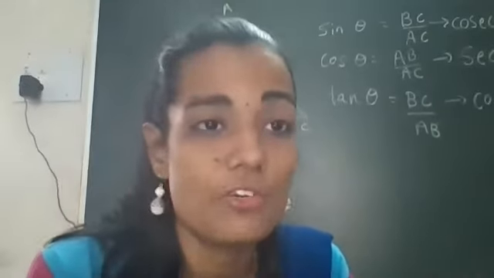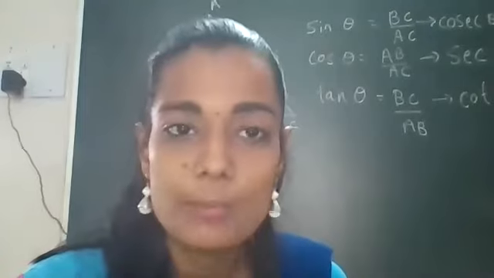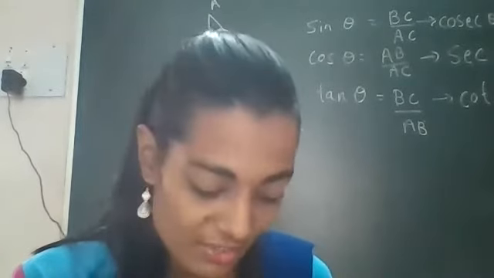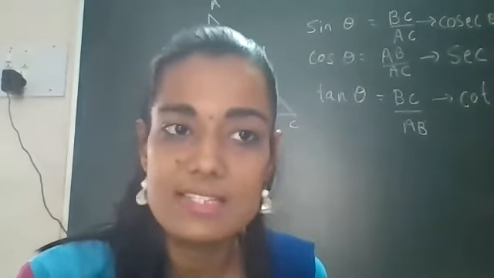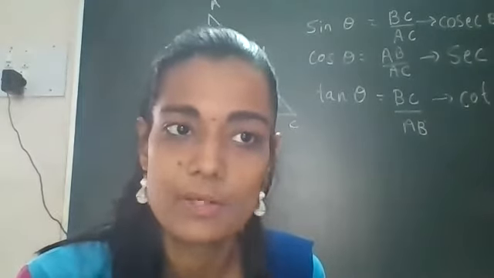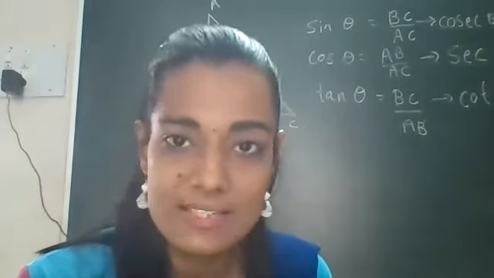That is the reciprocal of sine theta, so cosec theta will be hypotenuse upon opposite side. Next is secant. Secant means sec theta only. S-E-C, sec theta, that will become hypotenuse upon the adjacent side.